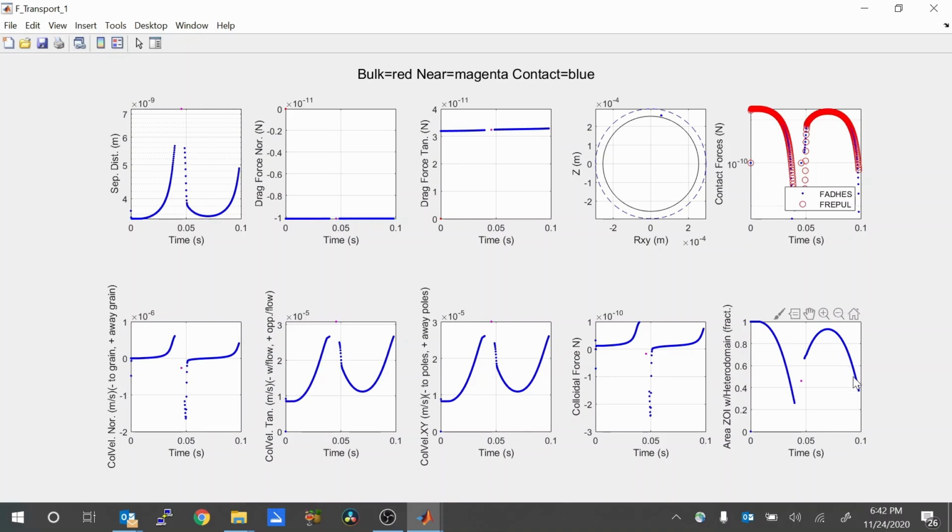And as it comes off of this heterodomain, it will skip and probably find yet another one. And notice that these two heterodomain encounters have all occurred here in this little stretch of trajectory.